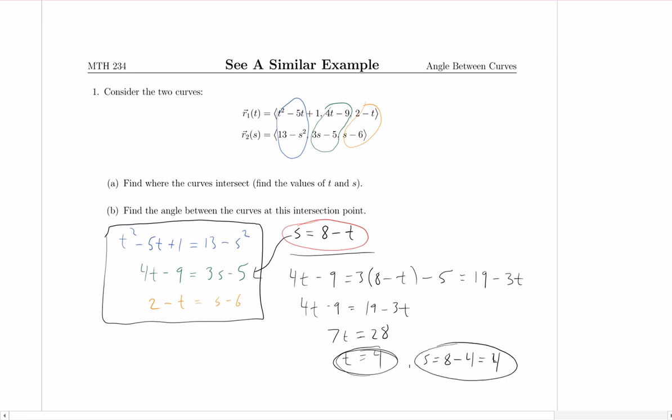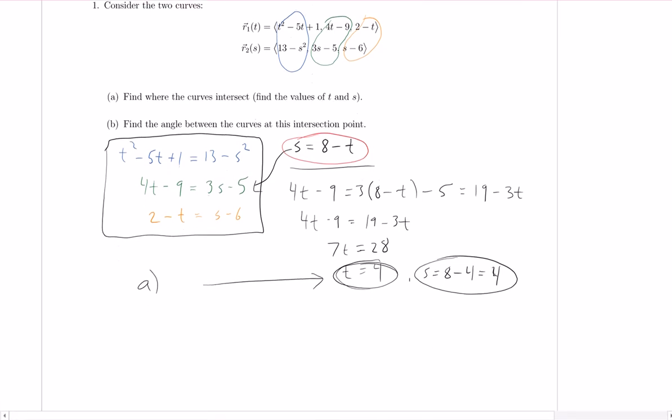It didn't necessarily have to happen that the s and t values were the same, but coincidentally in this case, that's what happened. So this is our answer to part A. The point where they intersect is the point where t equals 4 on the first curve and s equals 4 on the second curve. Okay, so that does it for part A.